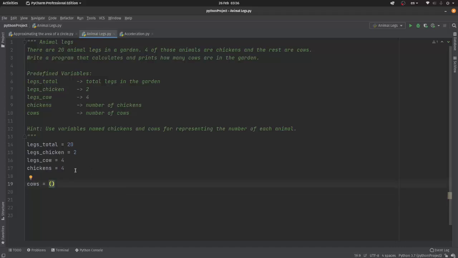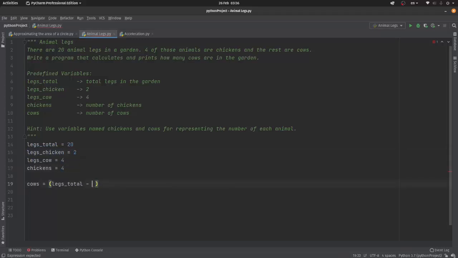So how do we find that? Well, there's a total legs, as we're given, legs total, minus the legs of all chickens in this garden. How can we find that? Well, we basically can multiply the number of chickens by the number of legs in each chicken. Like 4 chickens, each having 2 legs. Well, in total there are going to be 8 chicken legs.